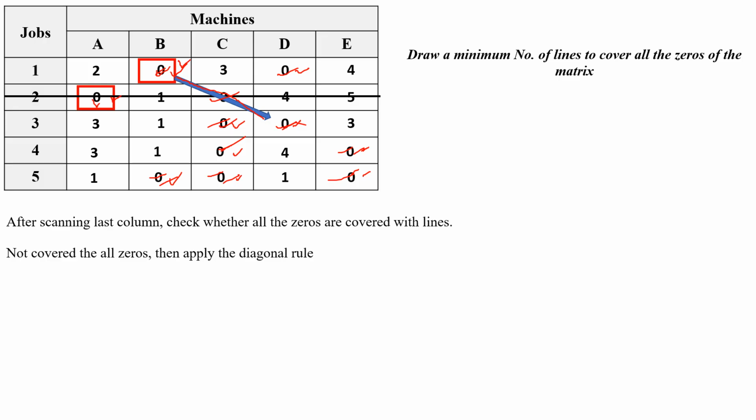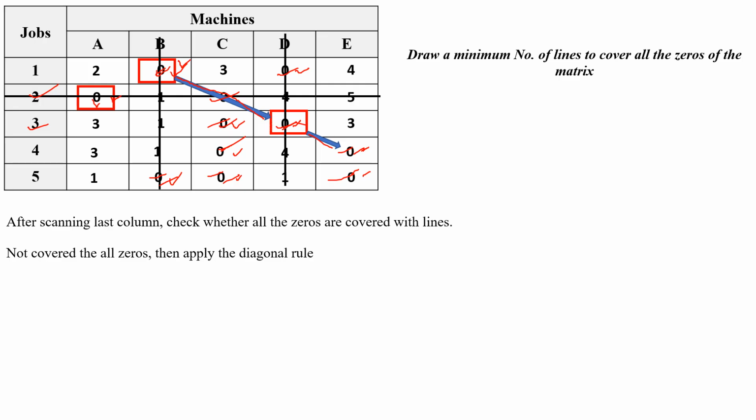Next I have to go for the second row, which is already deleted by the column scanning. Next I go for the third row. In the third row, if I select this zero which has diagonally another zero in the opposite row, then mark a square around that zero and draw a vertical line.